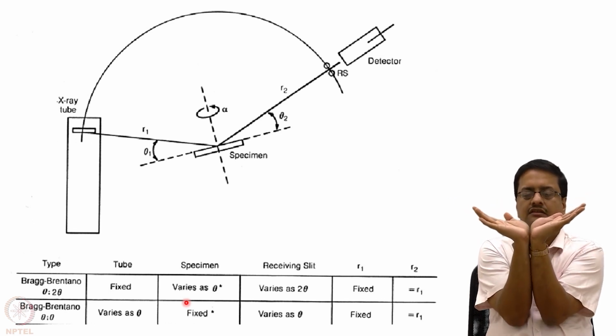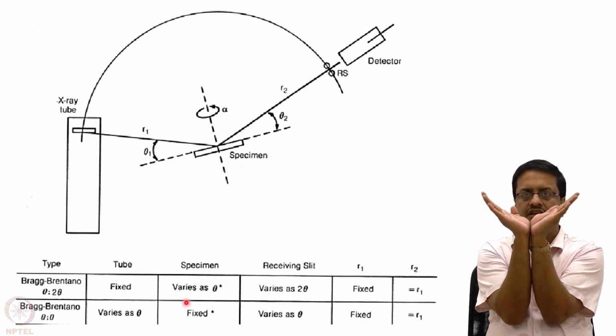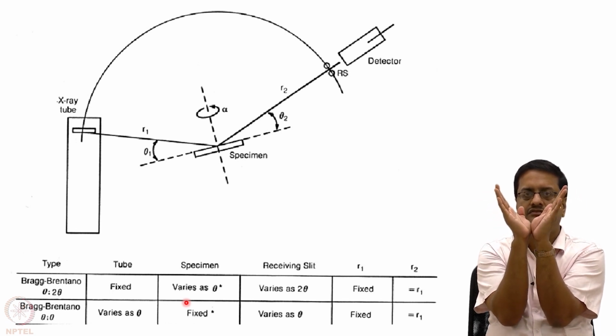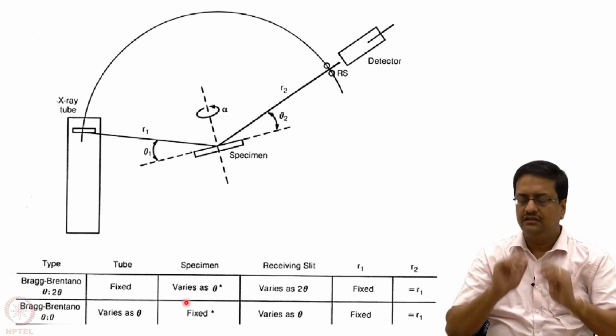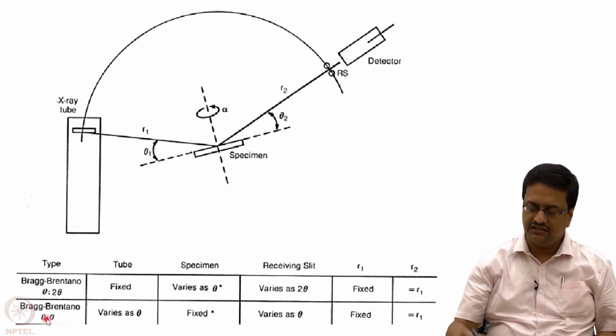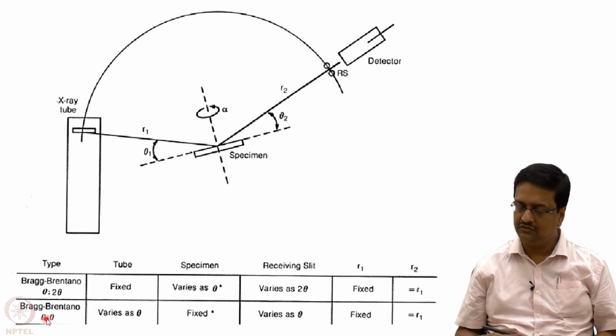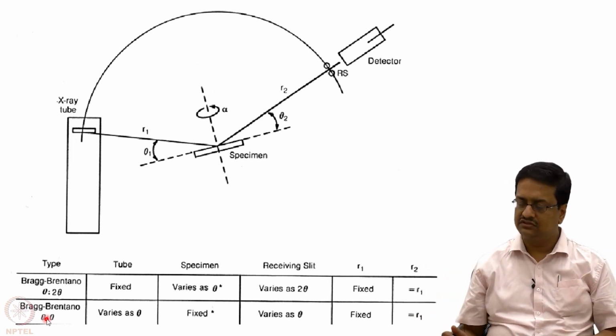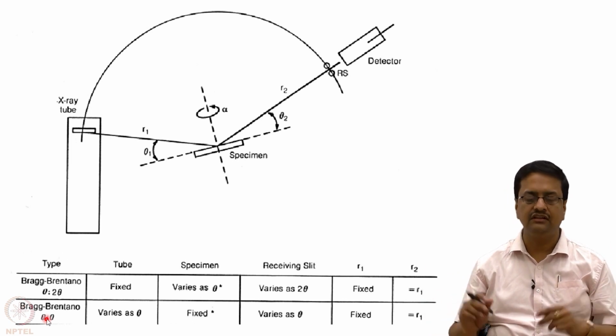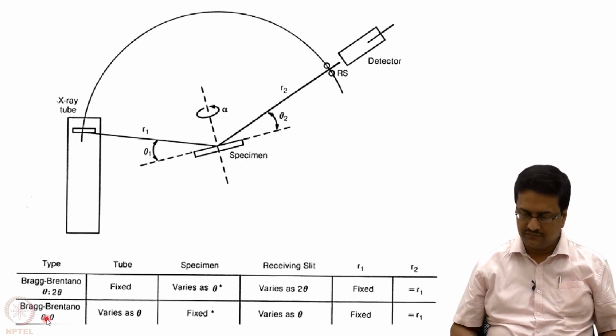So then when this theta-theta geometry is used, both detector and the source go continuously up. This is the corresponding theta-theta geometry, which we also have in our diffractometer, where both the source and the detector go up during the data collection process.